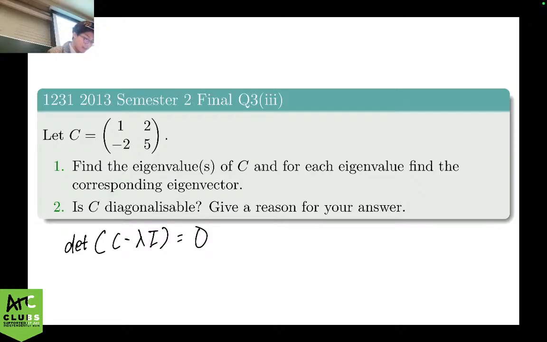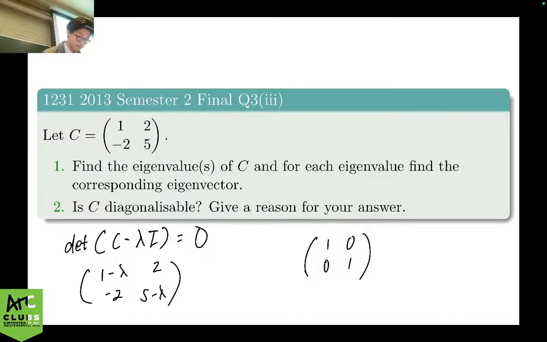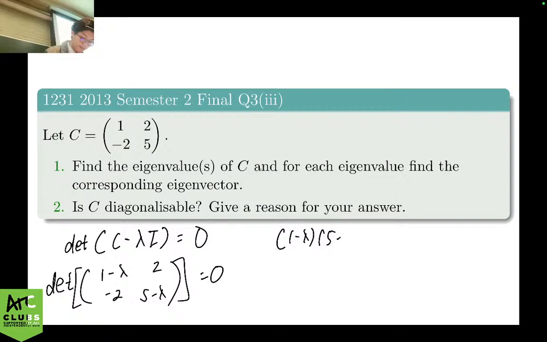C minus lambda I will be 1 minus lambda, 2, minus 2, and 5 minus lambda, because the identity matrix in 2 by 2 is just 1, 0, 0, 1. So when we calculate the determinant and set it equal to 0, we have 1 minus lambda times 5 minus lambda, minus 2 times 2, equals 0.